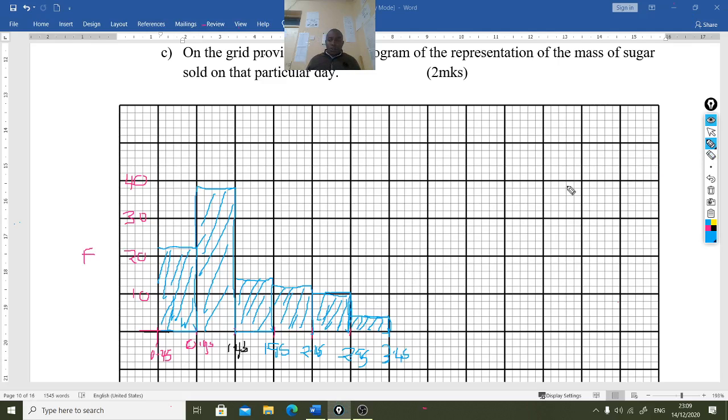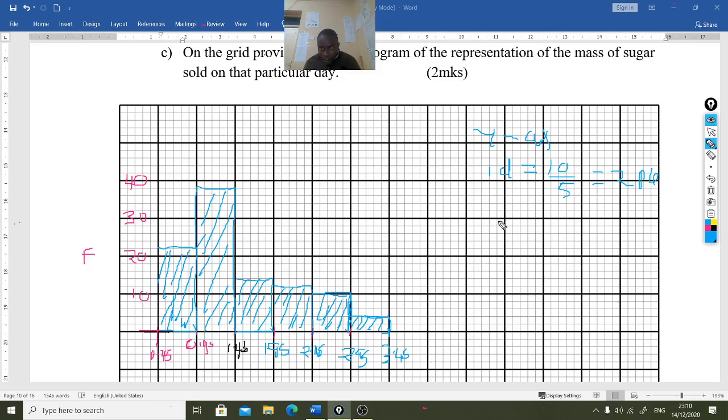And remember, it's good to write what the divisions you have used, that is the small squares, represent. On the y-axis, one division will be equal to 10 over 5, because there are 5 divisions. The value is 10 over 5, so one division represents 2 people, because we are dealing with people.